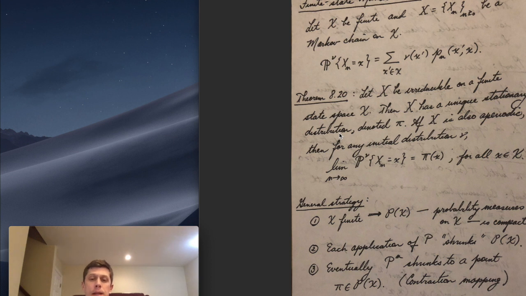Okay. But that's a weaker statement than saying this limiting statement down here, which says that for any initial state, and any initial distribution, could be a deterministic initial distribution, that the limiting behavior goes towards some stationary distribution pi.